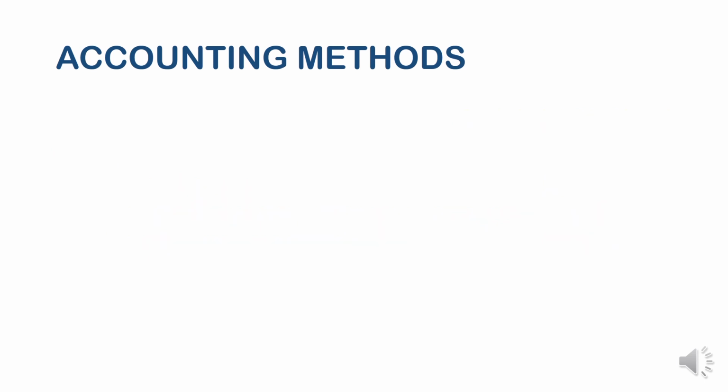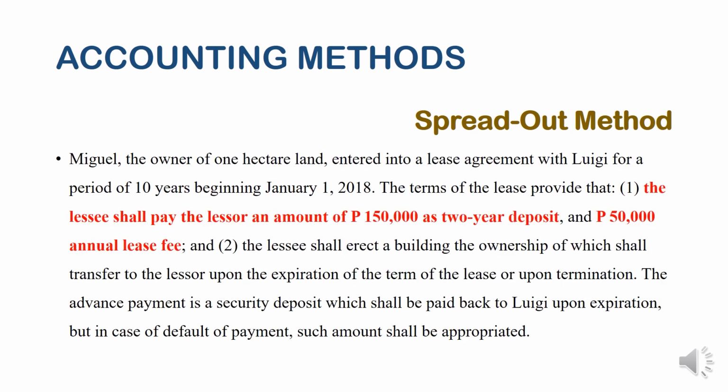Now let us use the same problem but using the spread out method. So Miguel, the owner of 1 hectare land, entered into a lease agreement with Luigi for a period of 10 years, beginning January 1, 2018. The terms of the lease provide that the lessee shall pay the lessor an amount of 150,000 pesos as a 2-year deposit, and 50,000 pesos is the annual lease fee.